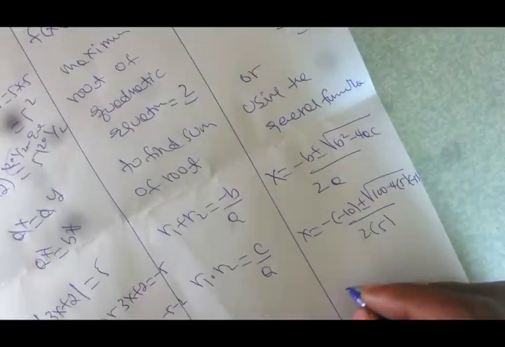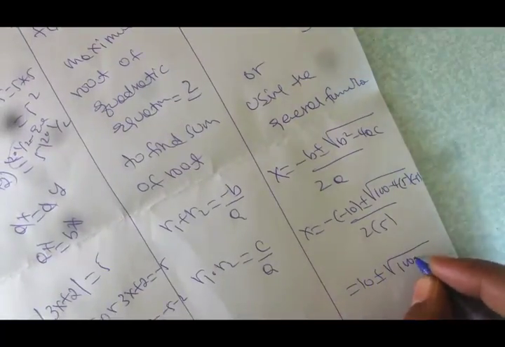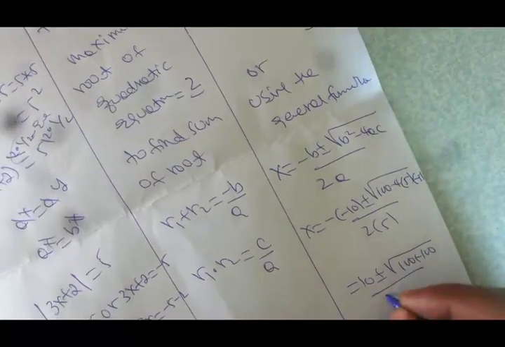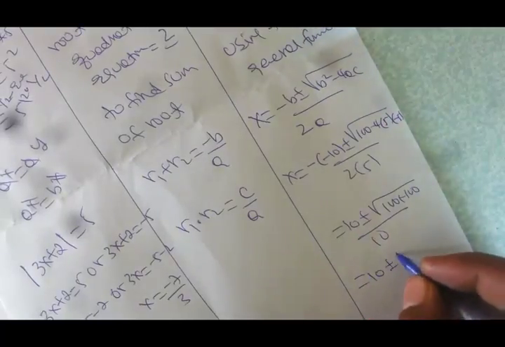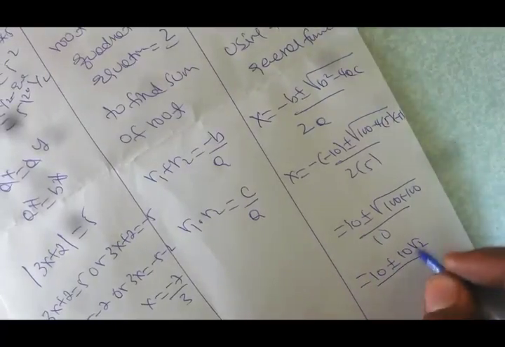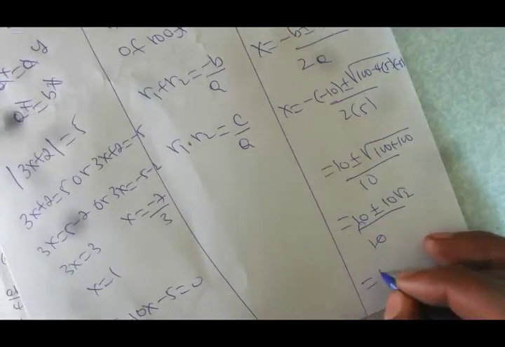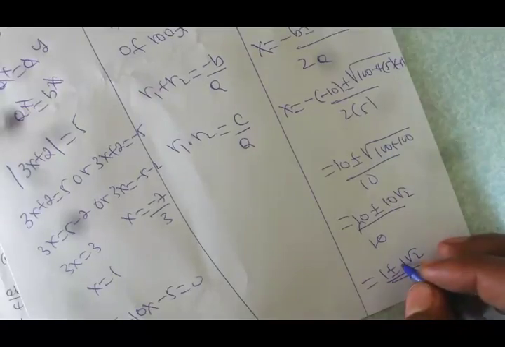This is equal to 10 plus or minus the square root of 100 plus 100 over 10. This is equal to 10 plus or minus 10 root 2 over 10. This is equal to 1 plus or minus root 2.